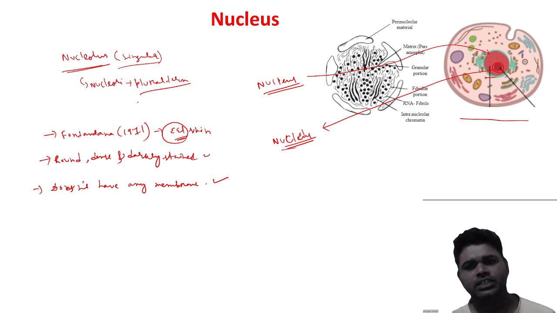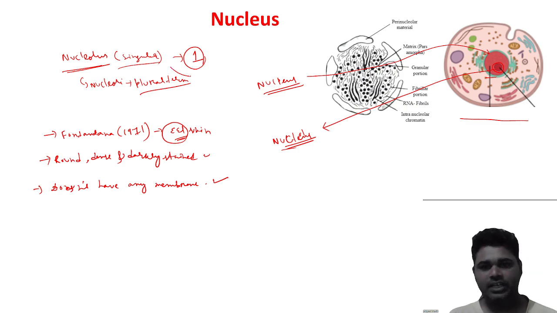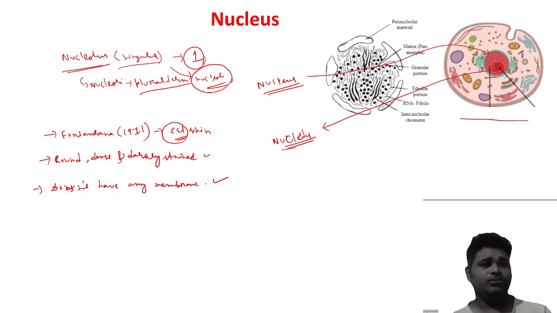For example, in the human case, the number of nucleolus is 1. But in many organisms, there are many nucleolus, so we say they have nucleoli because it is a plural term. If the number of nucleolus is more than 1, then it is called nucleoli.